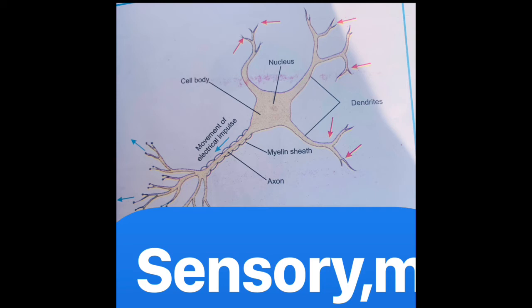Third is called interneurons. Sensory neurons receive stimuli from the external world and carry them to the brain for interpretation or sensing. Motor neurons relay messages from the brain to the muscles and the glands for responding to the stimuli.